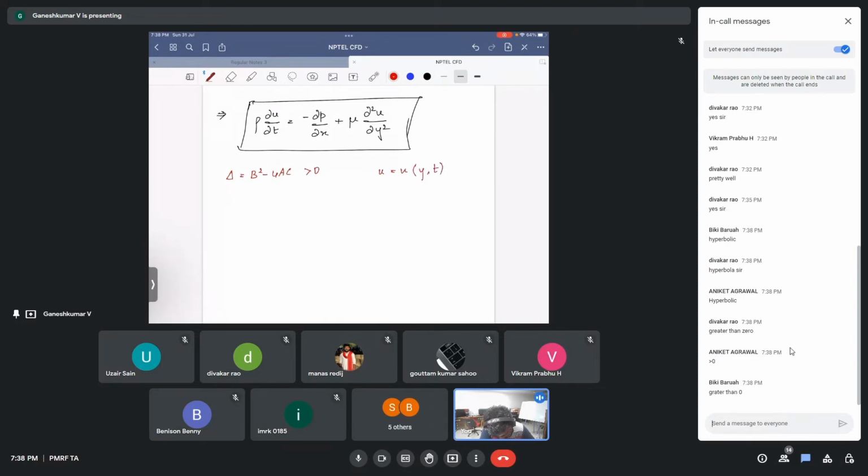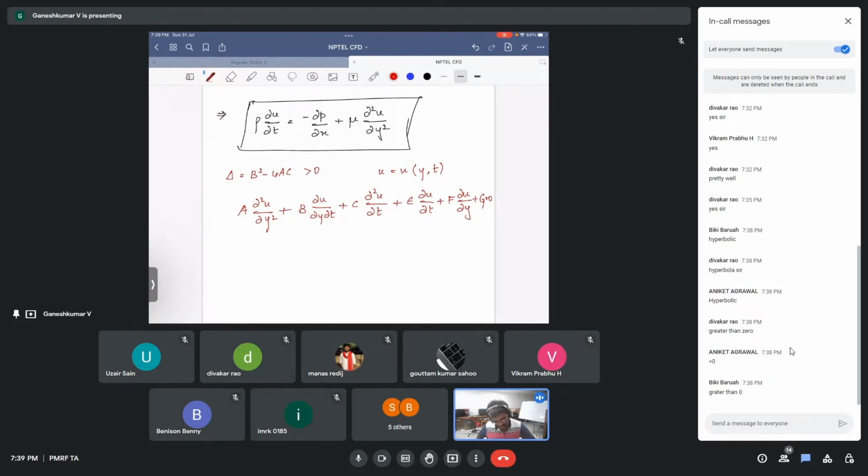If we write it in a very generalized form, let's say a times dou square u by dou y square plus b times dou t plus c times dou square u by dou t square plus e times dou u by dou t plus f times dou u by dou y plus g is equal to 0. This is the more generalized form of writing a partial differential equation.